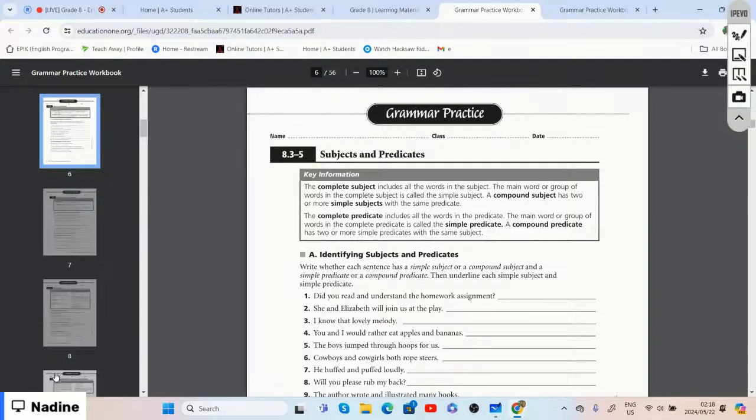So we see that we have our subject, which is the person or thing that is being spoken about. And then the predicate is, of course, our action plus all the other words that go after it.